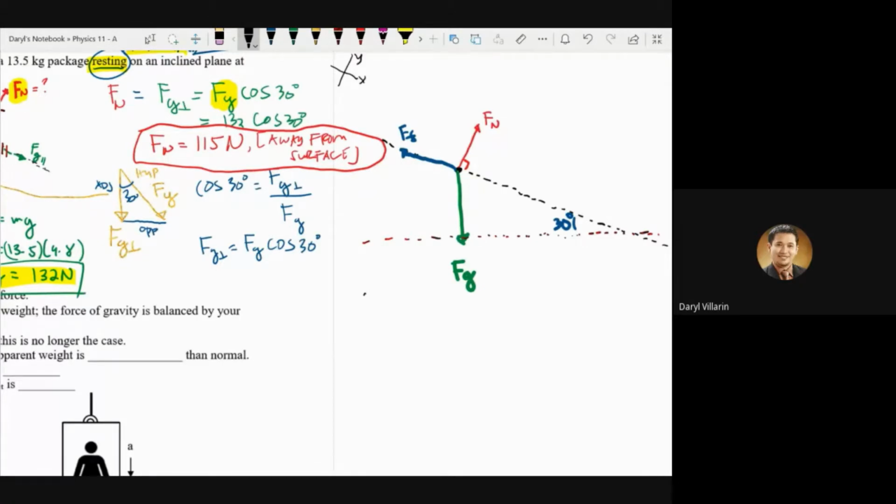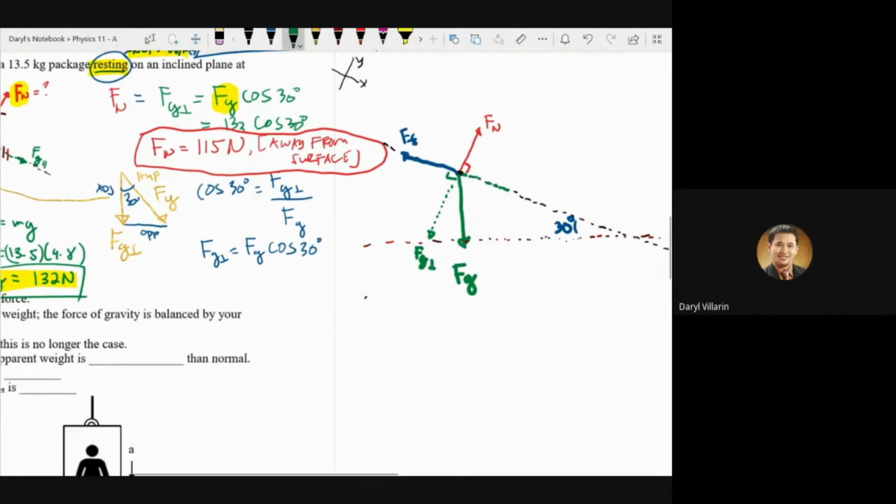So if that is tilted, this Fg has two components. I'll call one my Fg perpendicular, because it's perpendicular to the surface, and the other one is Fg parallel. So your Fg here has two components.